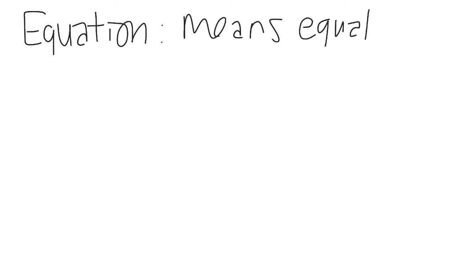For an equation, when we graph that, our solution set is going to be the solutions on that line. So again, the equation, that means equal, right? And that has the equal sign.